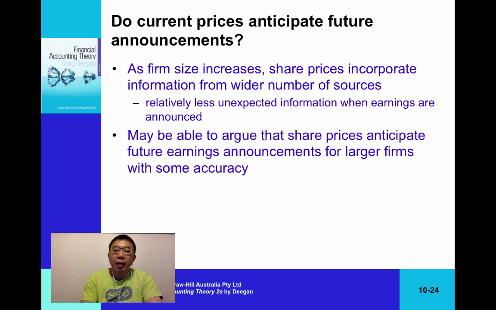This is to say that when there's a change in share price, especially for large companies, it reflects a lot of information already available in the market, and if this information shows that the company is on the right track and is going to make a lot of profits, it's now impounded in the share price.